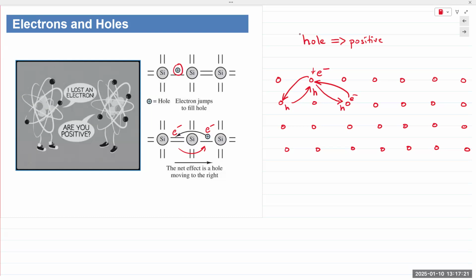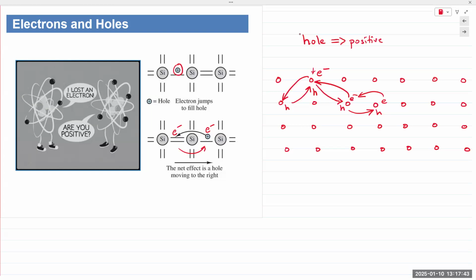So the electron is moving in one direction. And because that hole is here, another electron can move into that spot, which creates a hole here, which means the hole has now shifted towards the right. The hole is at this point right here. Does everybody see that?